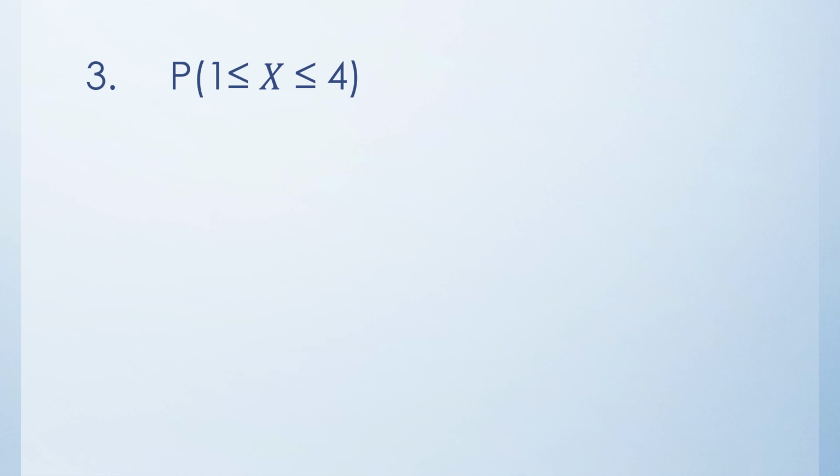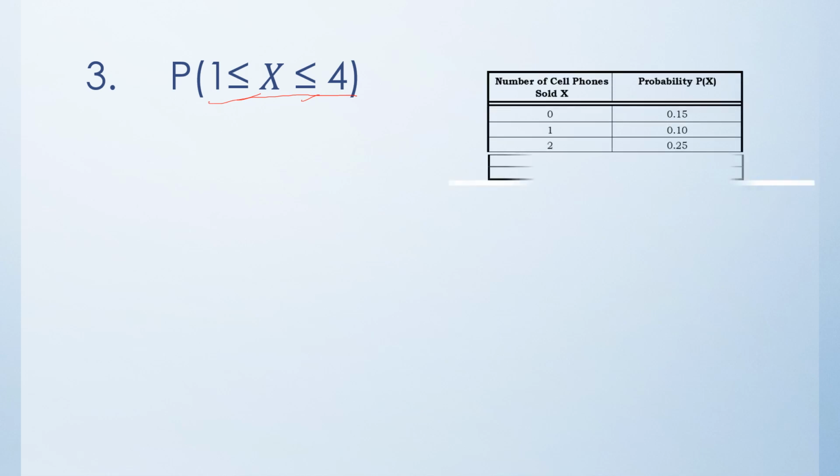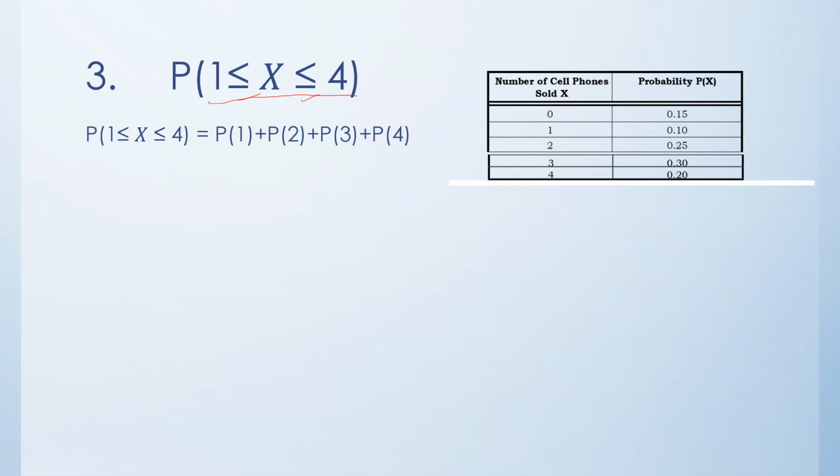What is the probability that x is less than or equal to 4 but greater than or equal to 1? Meaning, x is between 1 and 4. Since it has an equal sign here, 1 and 4 are included. From the given table, we have from 1 up to 4. So we have the probability of 1 plus probability of 2 plus probability of 3 plus probability of 4.